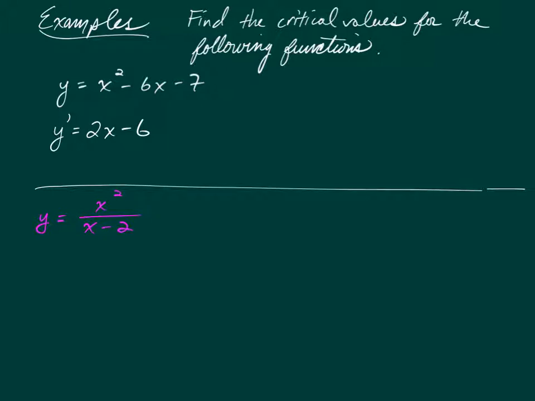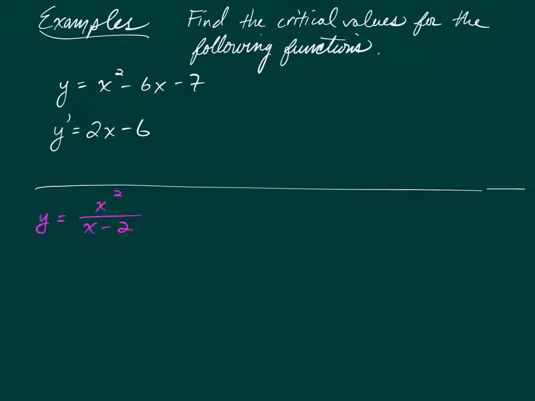And it looks like this derivative is defined everywhere. And it'll make a little more sense when we get down here to the second example what I mean by defined everywhere. There are no restrictions on the x variable in the derivative.